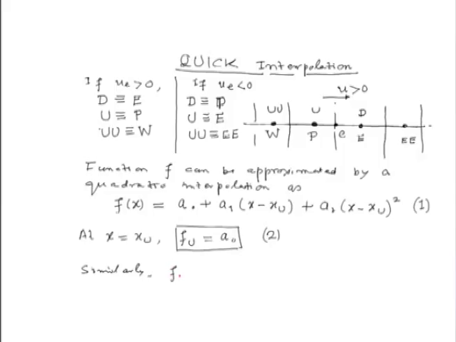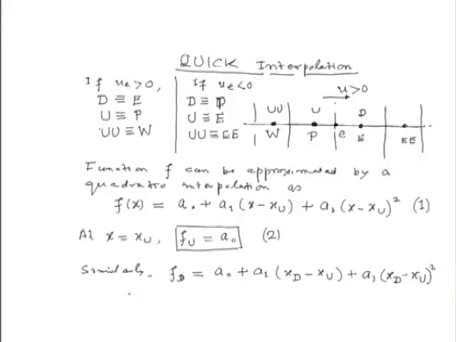Similarly, f_d is equal to a0 plus a1 times (x_d minus x_u) plus a2 times (x_d minus x_u) whole square.